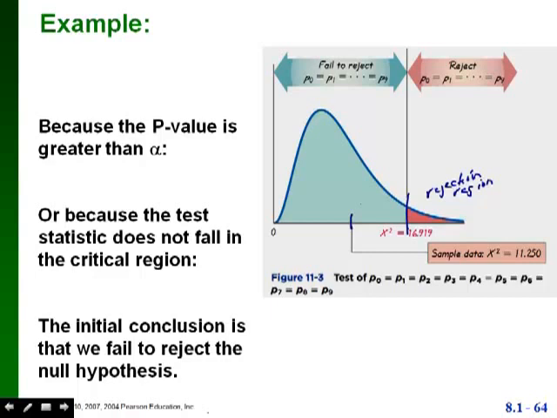The other way we could tell this is because our p-value was 0.259. Our alpha was 0.05, and that means the p-value is greater than alpha. And that also tells us that our initial conclusion is that we failed to reject the null hypothesis.